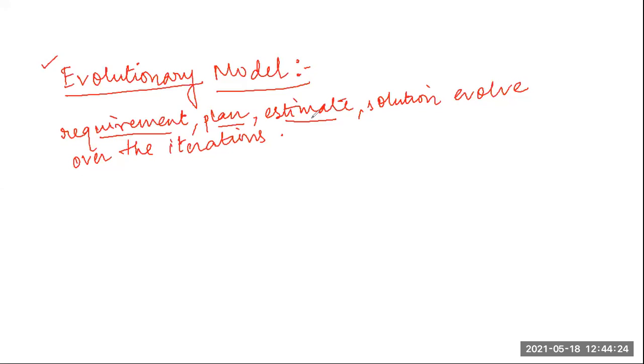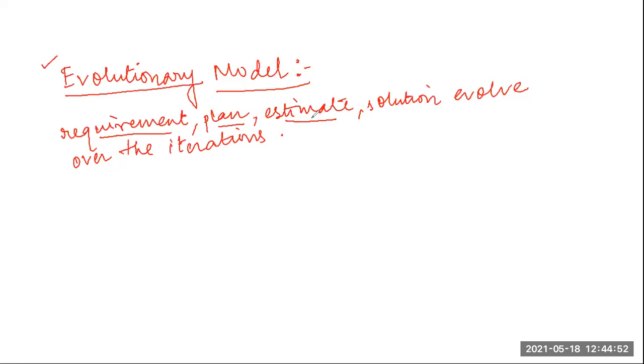But in the evolutionary model, the entire thing will be carried on in evolution or in iterations. So if there is some unpredictable discovery or some change in the new product, it can always evolve and adapt to the new changes.